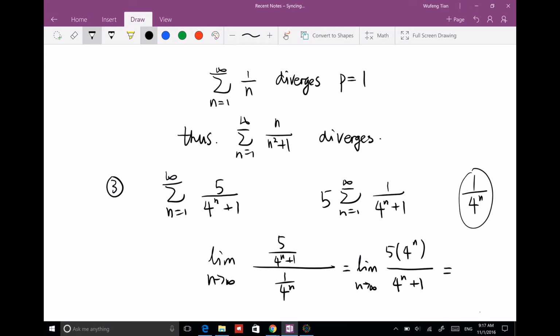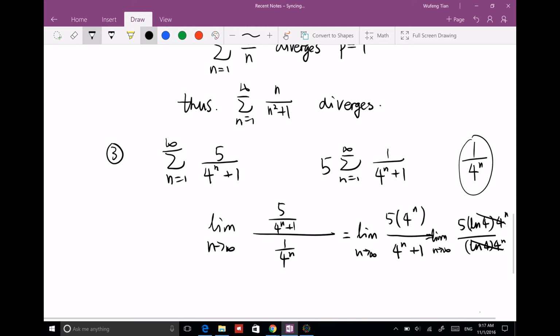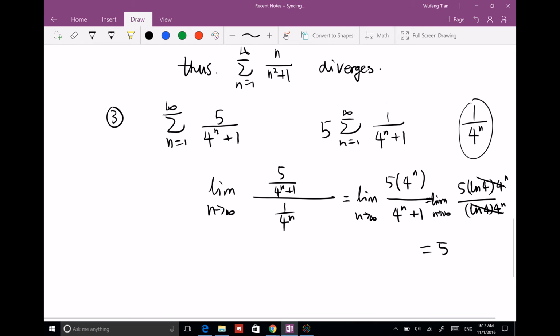You can use L'Hopital's rule. We get 5 ln 4 to the n over ln 4 to the n. Derivative of 1 is 0. If you don't use L'Hopital's rule, it's very easy. You can estimate. 4 to the power n dominates everything else, so they cancel out. You get 5. All right, so both will diverge or both converge.